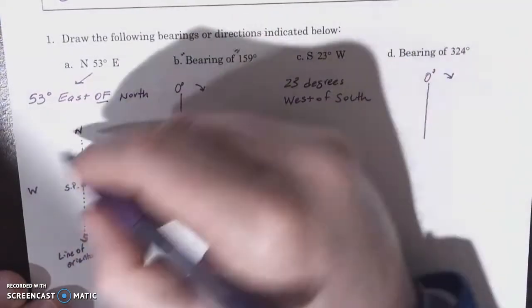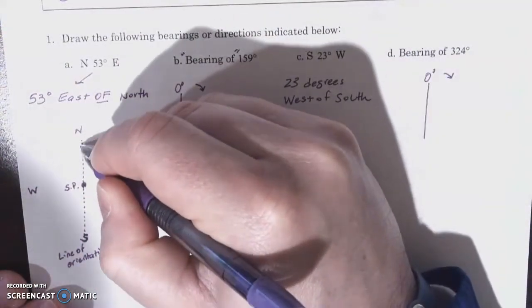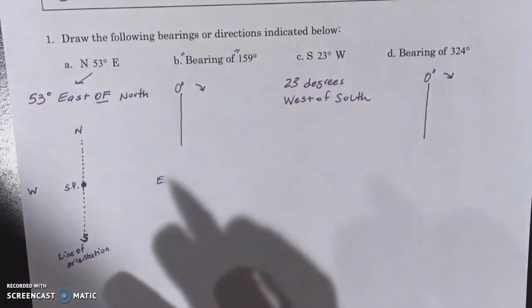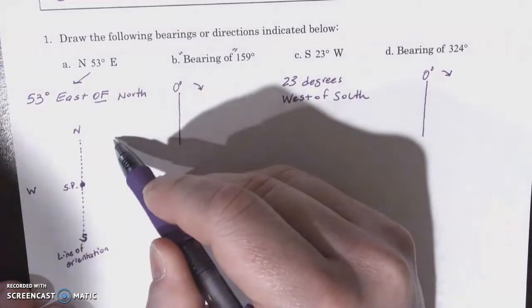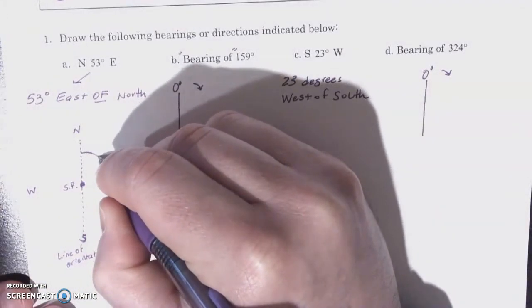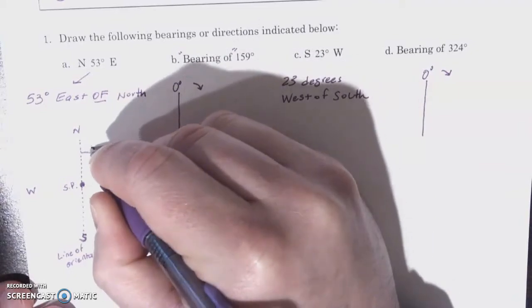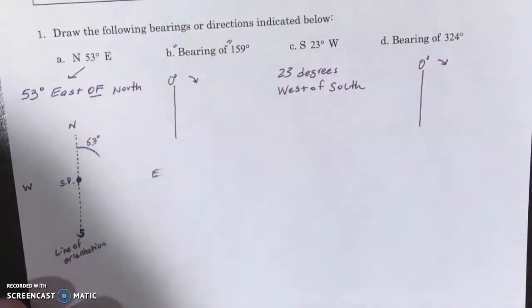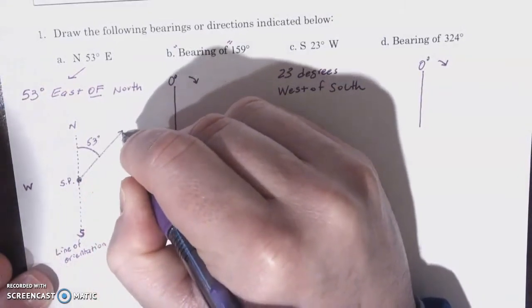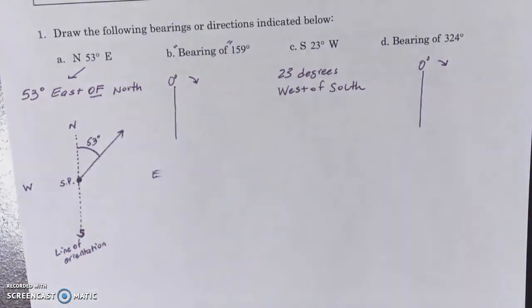East of north. So we're on the north line, and now you're just going to be estimating where 53 degrees is. Here's 45 in my opinion, so we're going to open up just past 45 in my estimation, 53 degrees. We're going to draw an arrow. That is our direction.